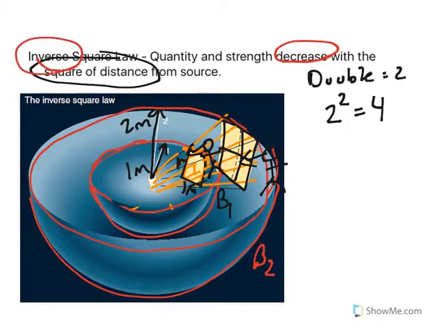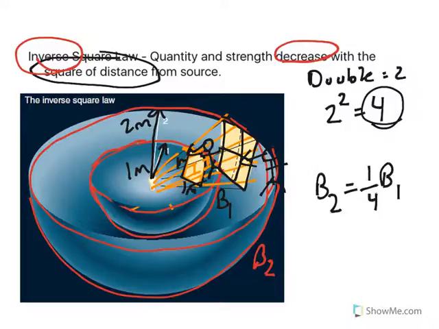The brightness at B2 has to be much less than the brightness at B1, and the inverse means that this 4 is in the denominator and a 1 is in the numerator. So the brightness at B2 is 1/4 the brightness at B1. And this 4 also means that we have 4 blocks here.